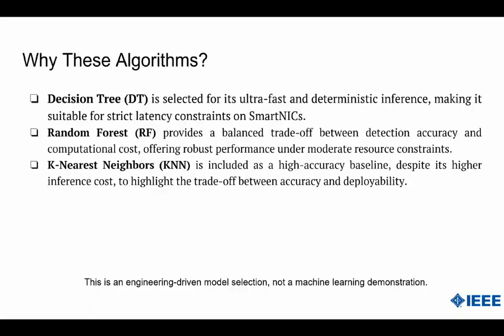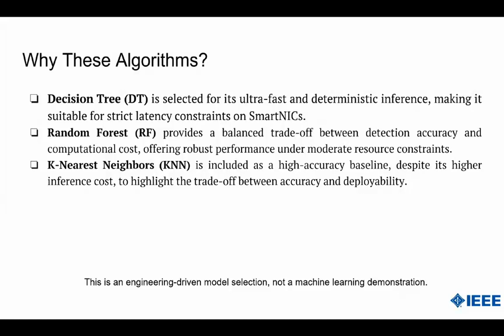Now I will explain why we selected these algorithms. Decision tree is selected for its ultra-fast and deterministic inference, making it suitable for strict latency constraints on SmartNIC. Random forest provides a balanced trade-off between detection accuracy and computational cost, offering robust performance under moderate resource constraints.